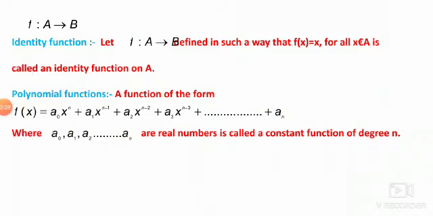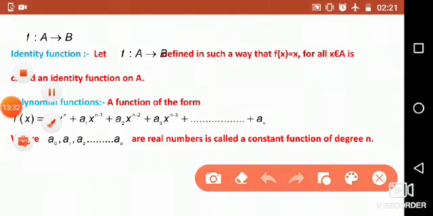Now let me define the identity function. Let f from A to B be a real valued function defined in such a way that f of x is equal to x for all x belonging to A. It is called the identity function on the set A. The graph of this function is shown as below.